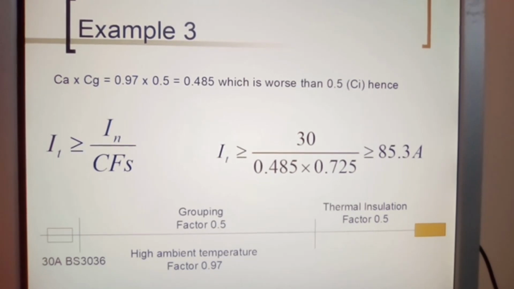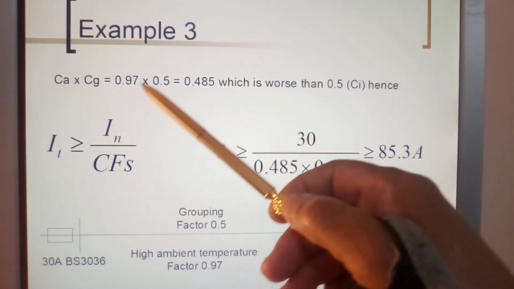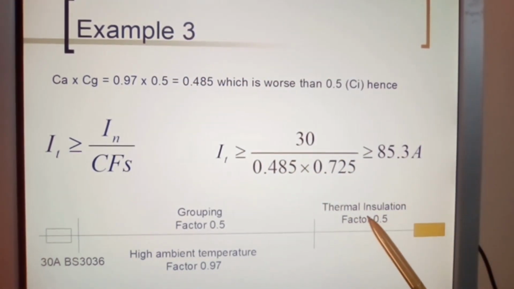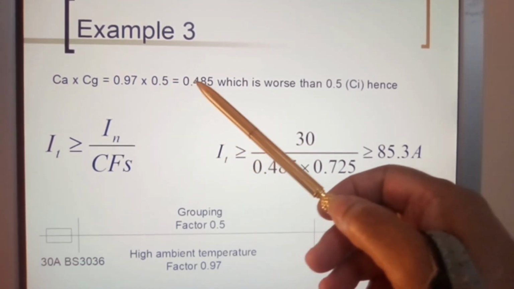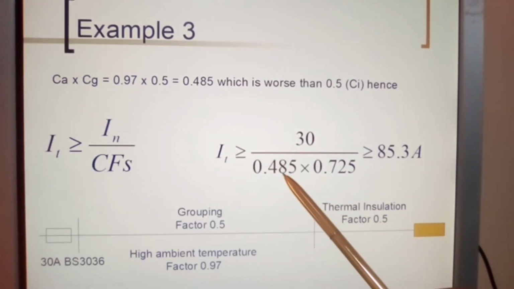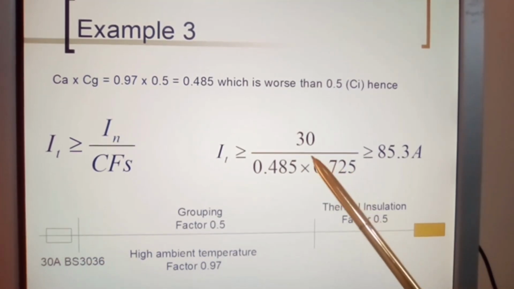Now example 3: CA times CG equals 0.97 times 0.5, which is your thermal insulation factor, equal to 0.485. That's where that 0.485 comes from, and 0.725 is applicable because it is BS3036.